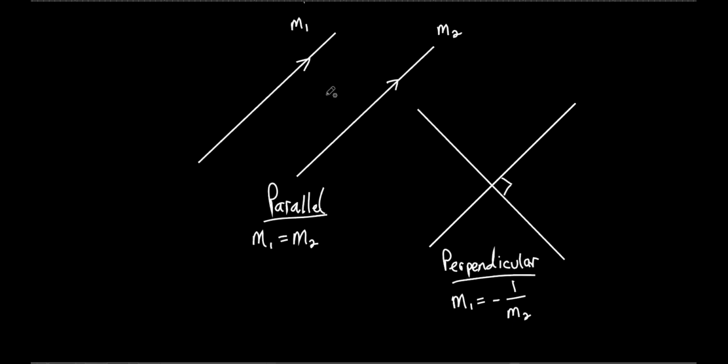So for instance, if the slope of this was, I don't know, 3 over 2, what's the slope of this line right here? Okay, what if this slope was 3 over 2? What's this slope? It's negative 2 over 3. It's really not that much more difficult, okay? As long as you know that the slope of a perpendicular line is the negative reciprocal, which means you change the sign, right? You flip the fraction.